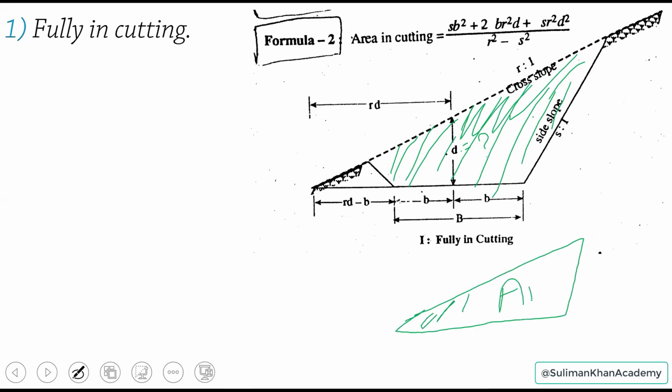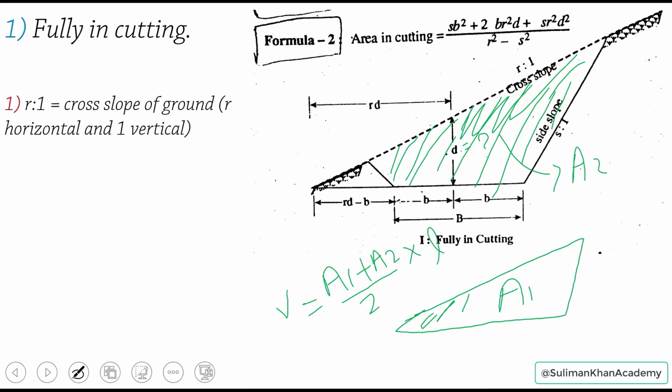Let's say this is A1 and this is A2. Then the mean area is A1 plus A2, divided by 2, and then we multiply this with the length, so we can have the volume, the total volume in cutting, or the earthwork in cutting.